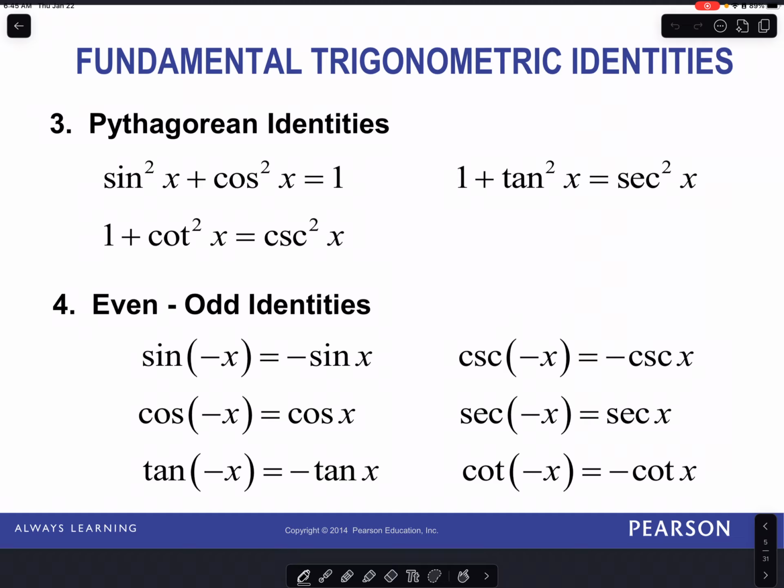So if we multiply the left side and the right side of the equal sign by 1 over sine squared, that first term, something divided by itself, becomes 1. Cosine squared divided by sine squared is cotangent squared, and 1 over sine squared is cosecant squared. And then it's a similar operation to generate the one on the right. But as far as the Pythagorean identities, I pretty much just use sine squared plus cosine squared equals 1, and then flow from there.